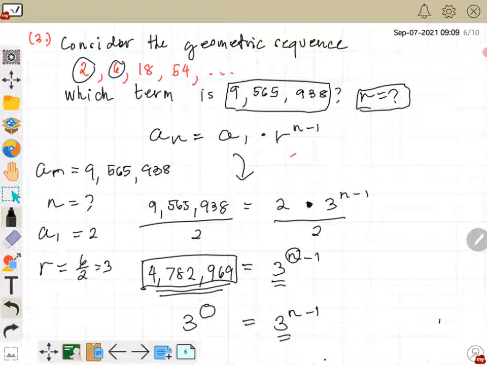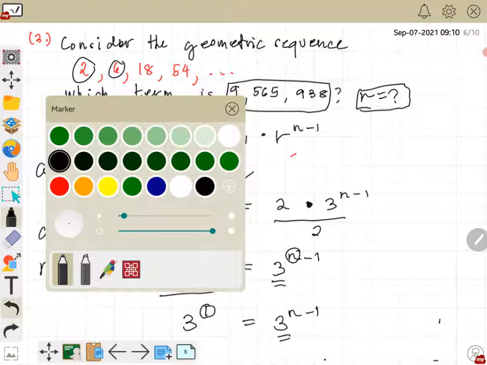That is 531,000, which is getting a little bit there. Let's try 3 raised to 13. That is 1,594,000. So let's add more. 3 raised to 14 is 4,782,969.